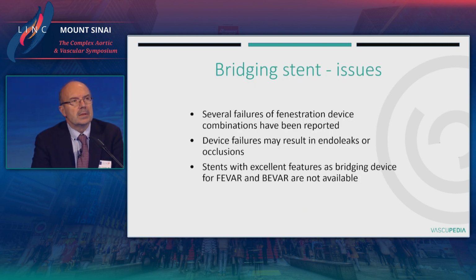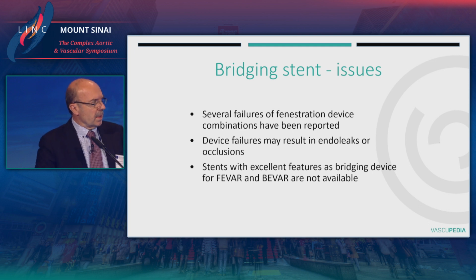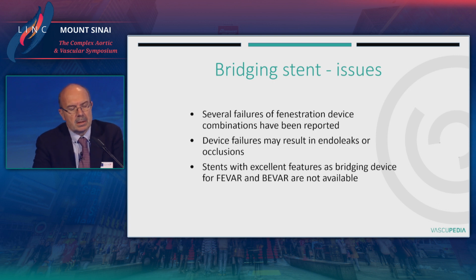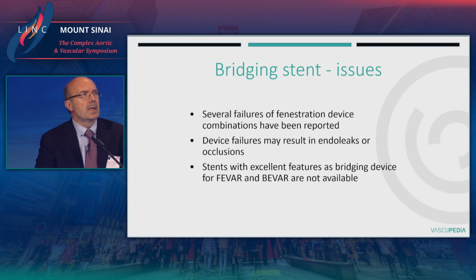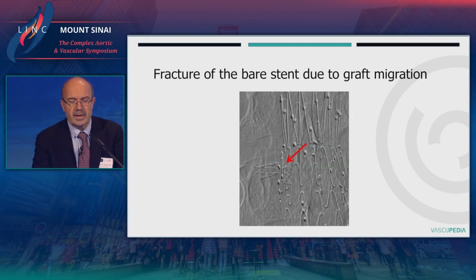The second issue is the bridging stent, and Jim pointed out the new aspects of this, and we know that bridging stent-dependent complications are not very seldom, and they induce endoleaks and occlusion of the target vessels.